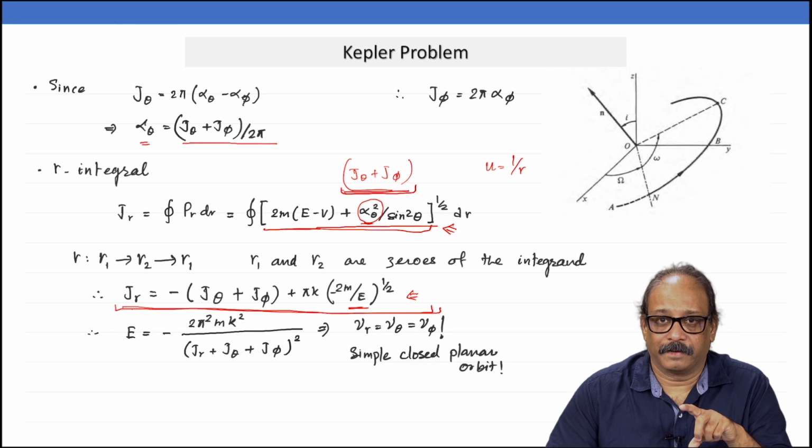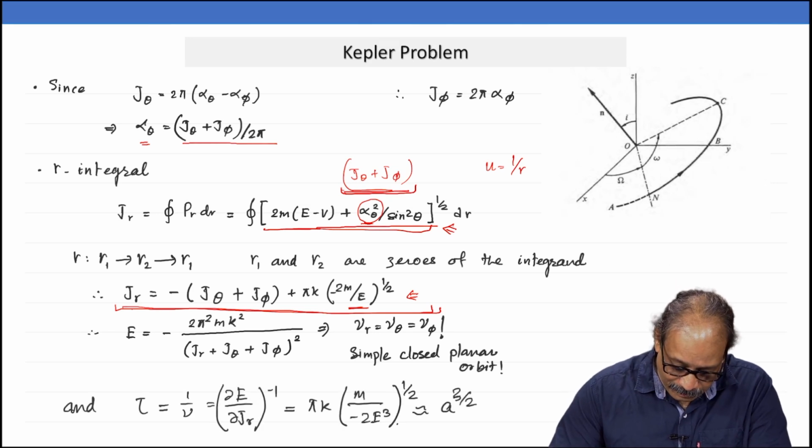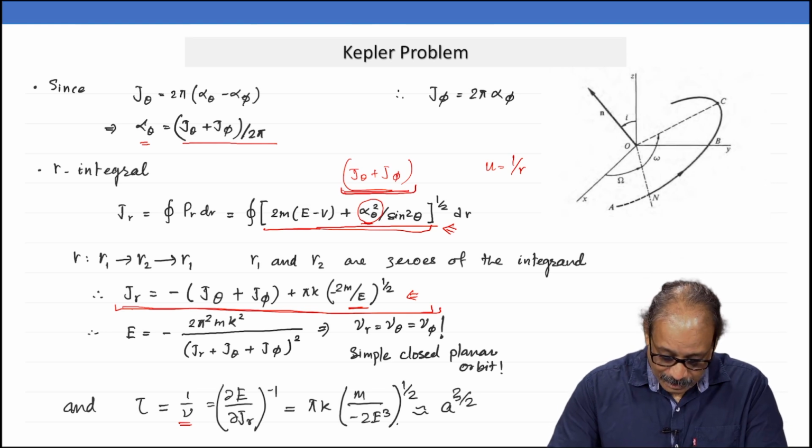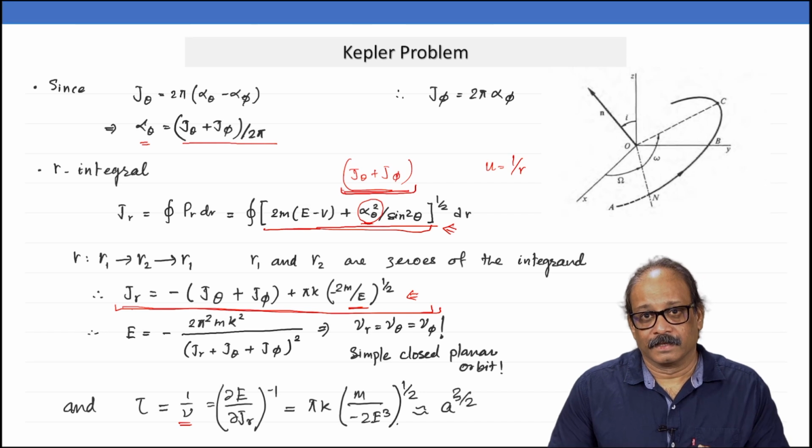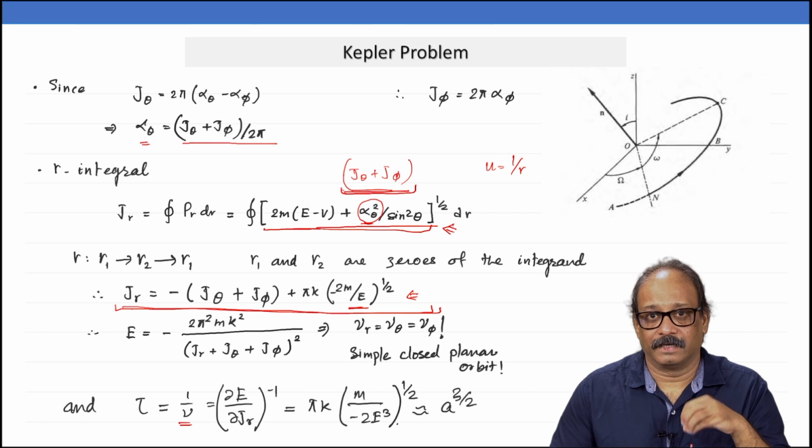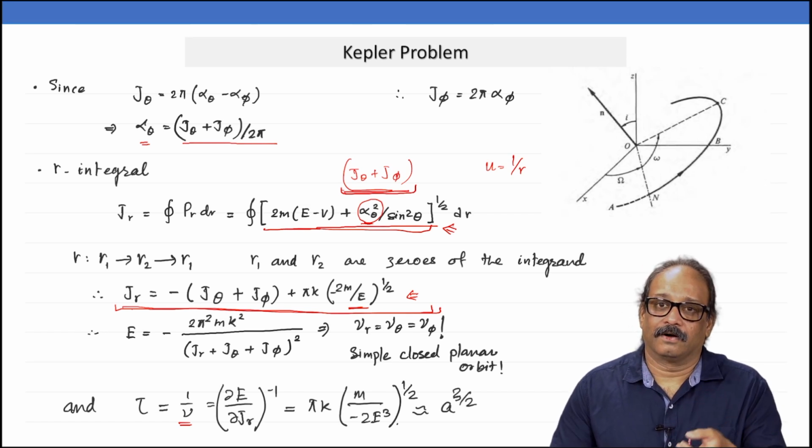And the great thing about this is I can now write down the time period of the oscillation, which is 1 over frequency, and that is nothing but, you can take del E by del J_r to get the frequency, or you can also calculate del E by del J_theta or del E by del J_phi.